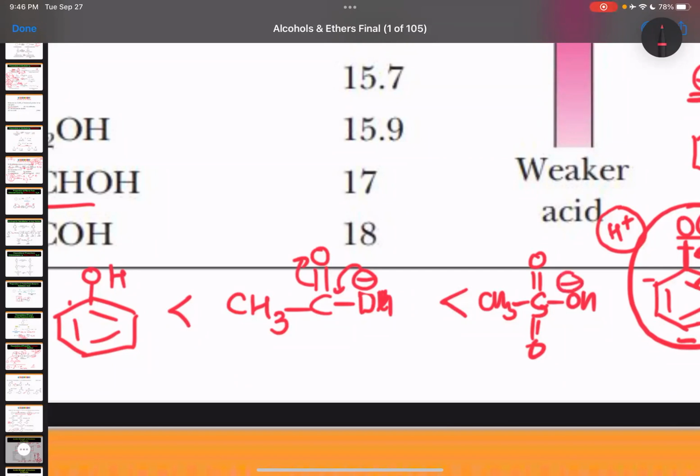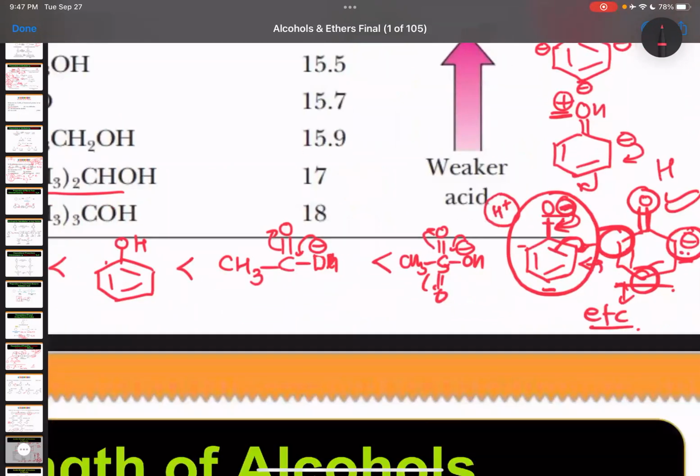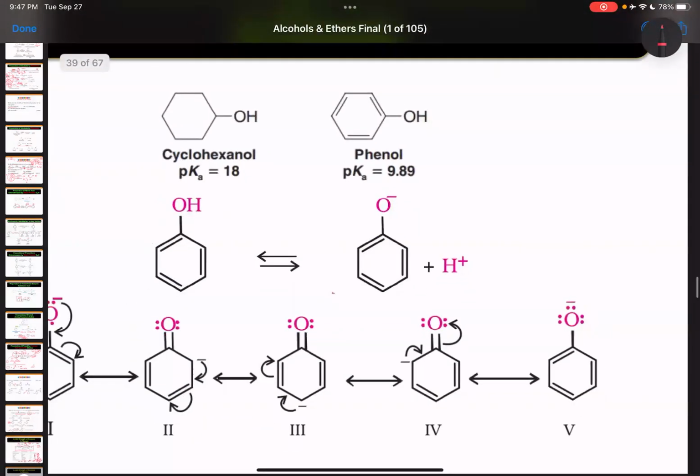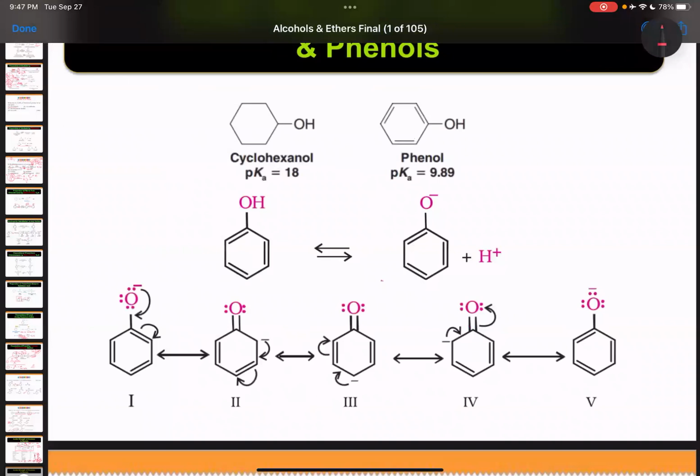And in this case, it will distribute itself on three oxygen atoms, which is in turn a good thing. Clear? Yes, sir. So this is how the acidic strength works. This is the resonance structure, you can have a look.